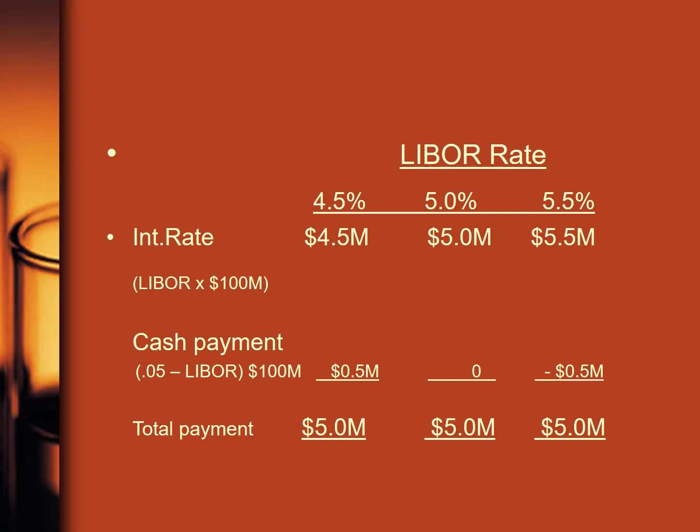The LIBOR rate has gone up to 5.5%, which is more than the fixed rate of 5%. So the firm will now receive $0.5 million from the swap dealer. So this tabulation makes it very clear for you to understand the mechanics as to how the swap works between the firm and the swap dealer.